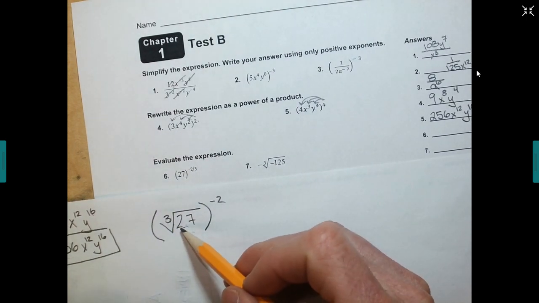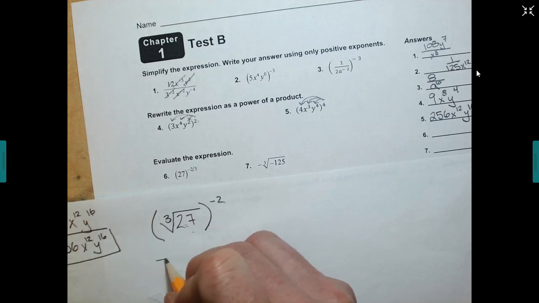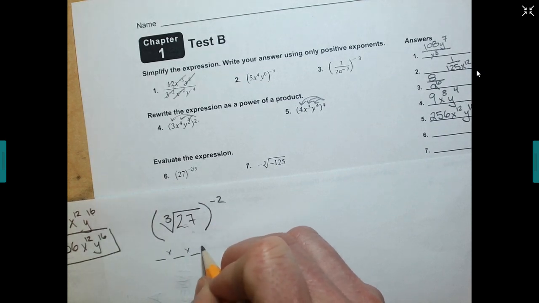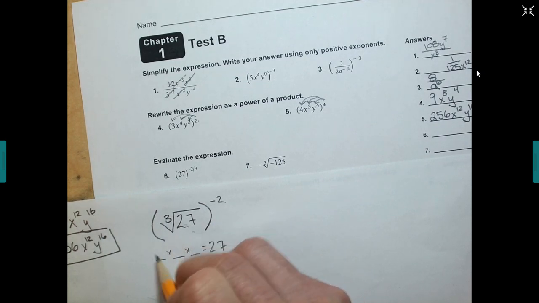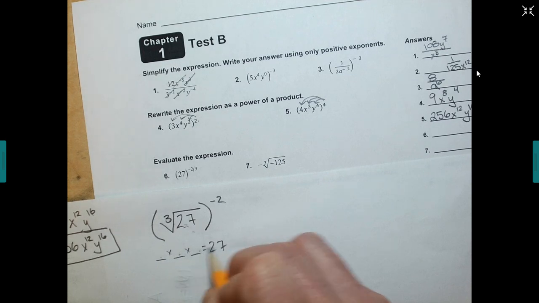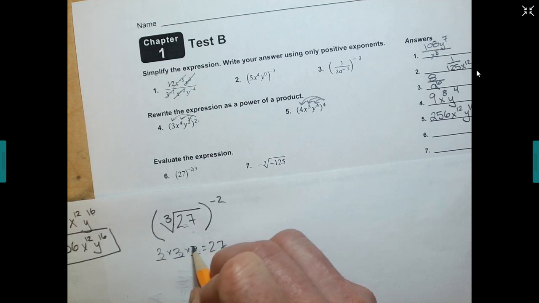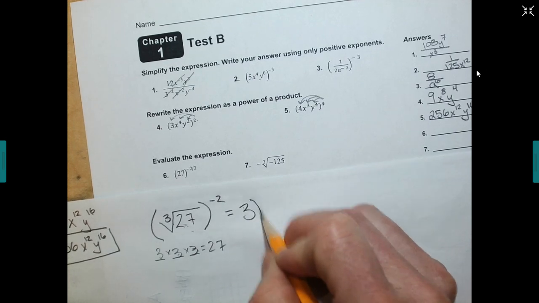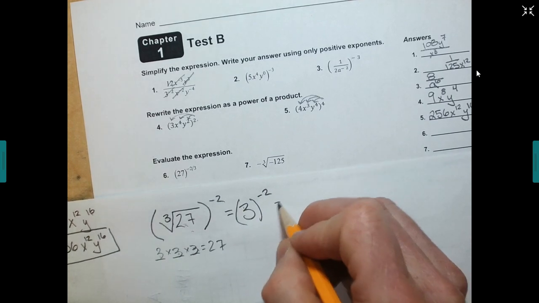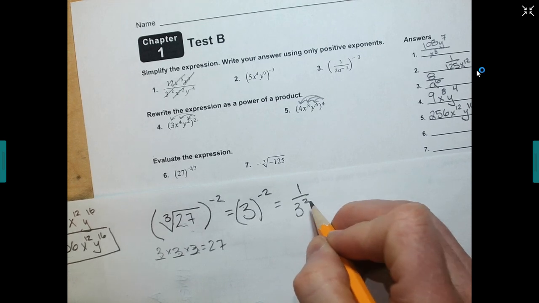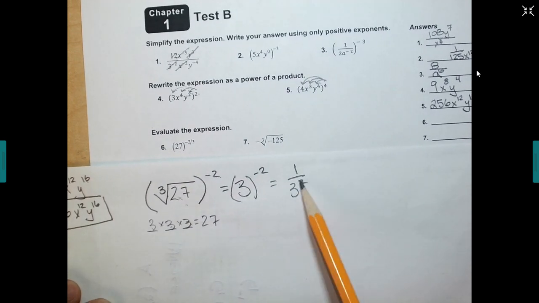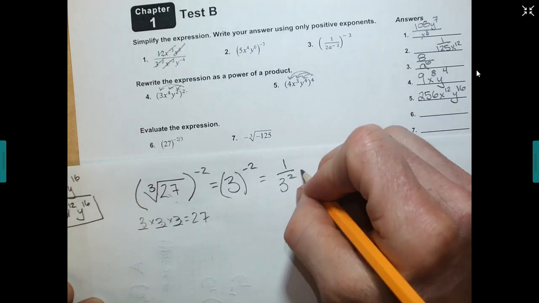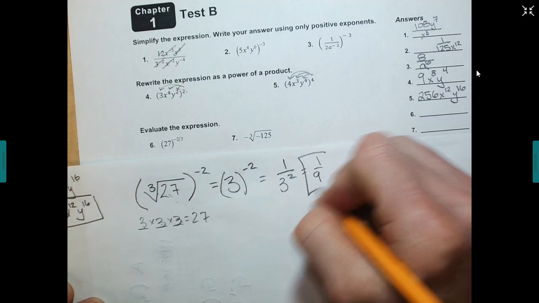So what times what equals 27? 3 times 3 is 9. 9 times 3 is 27. So it's 3. So this equals 3 to the negative 2, which equals 1 over 3 squared, right? So I got rid of my negative. So I now have 1 over 9.